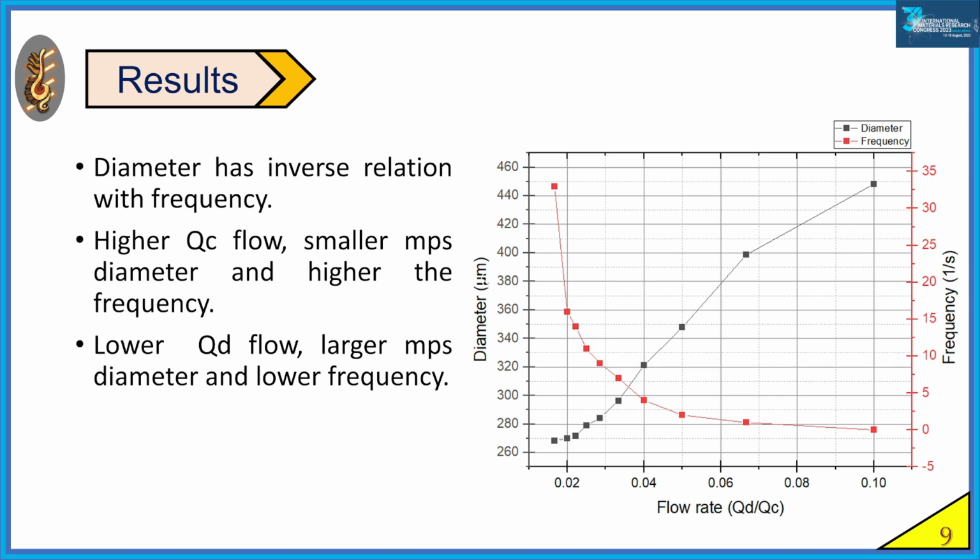The frequency at point 0 is because in 1 second there is no drop generation. However, at this flow ratio, in 1/2 second and 2 seconds, we can see a drop generation that has a frequency different from 0.